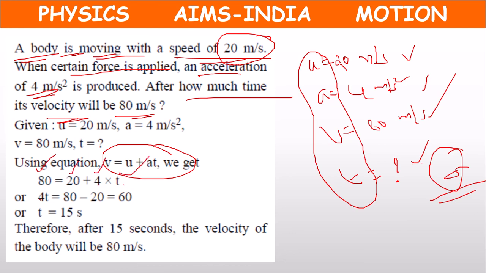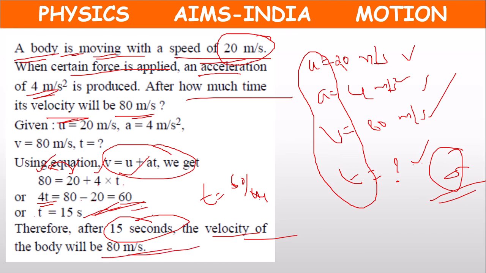So 4 into t, 4t, we can write on one side, 20 we can take that side. 80 minus 20, which is equal to 60, or t equal to 60 by 4, which is equal to 15 seconds. So therefore, after 15 seconds, the velocity will become 80 meters per second from 20 meters per second.